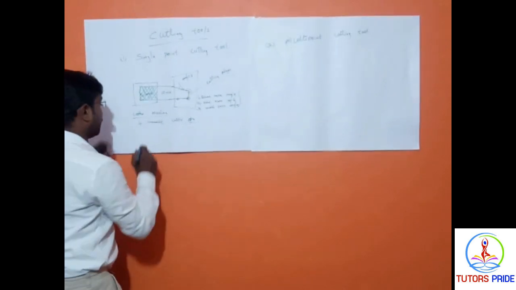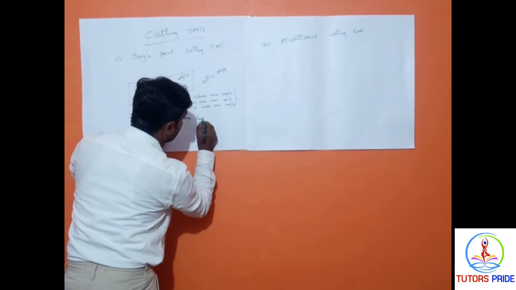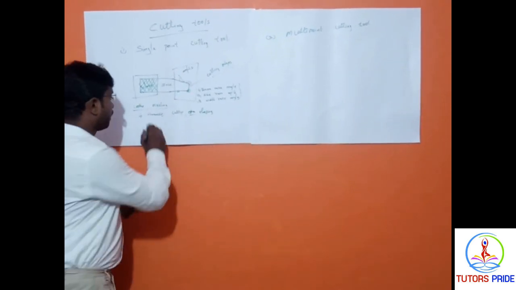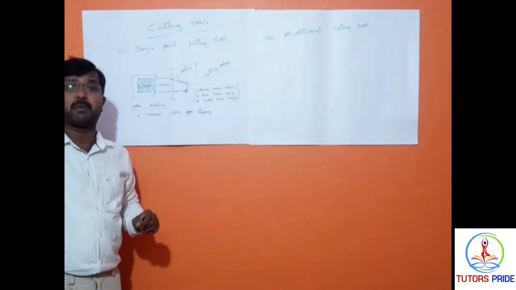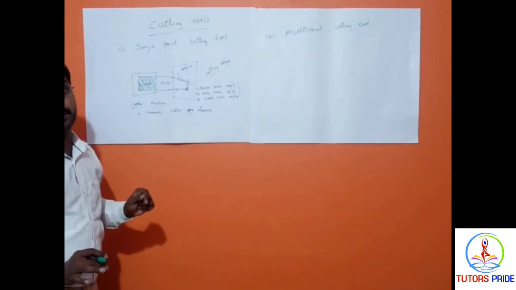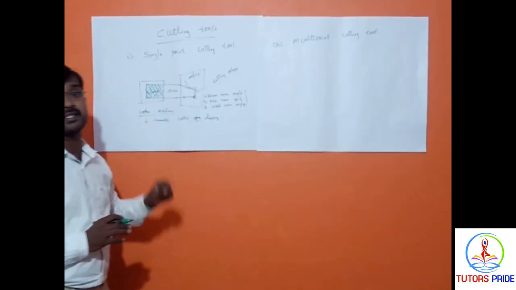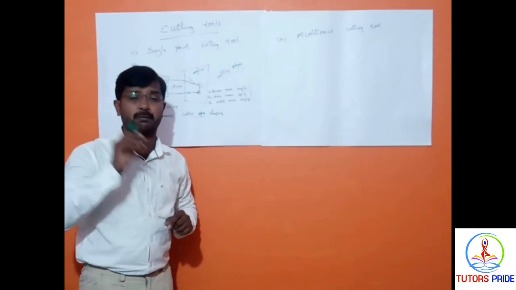That's the first main part. Shaping, why is it very important? Because whenever one cutting tool is doing many operations, that's why the single point cutting tool is very important. And that's why so many manufacturers take the single point cutting tool as the main part. And how it is manufactured is also very important.